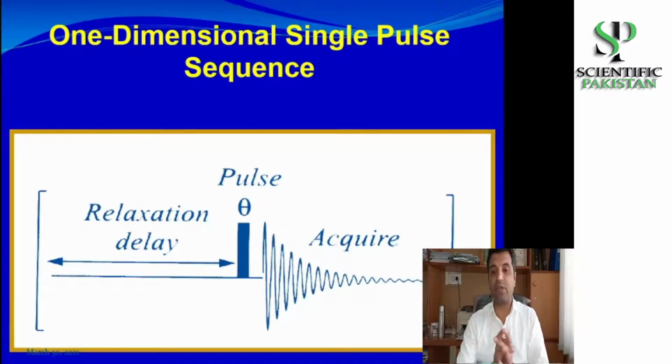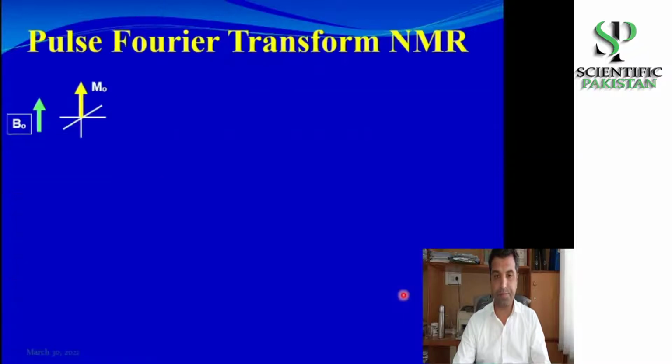So it's a one-dimensional single pulse sequence. There may be experiments in which you need to provide more than one pulse, but here just a single pulse sequence is shown. This is the FID, this decaying signal, and that is where all the information about the protons or the molecule is recorded.